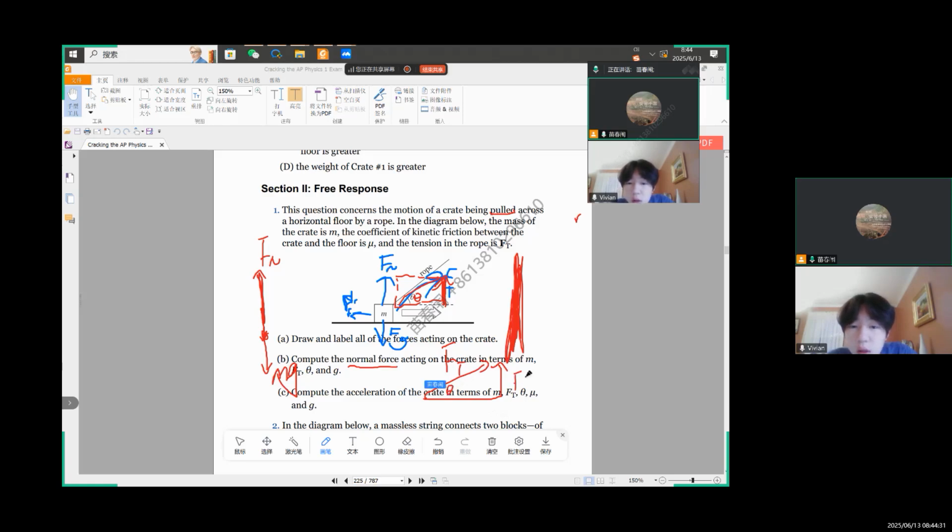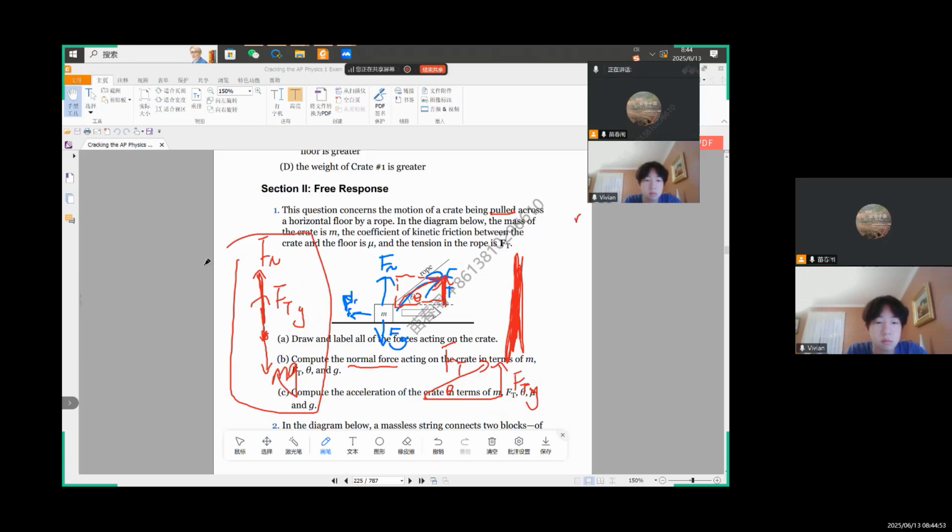So I can find this FTx or FTy, vertical, right? As long as I can find FTy, I can make a big equation and let them balance, right? Does that make sense? Can you find FTy? Not in here. Find FTy in here.